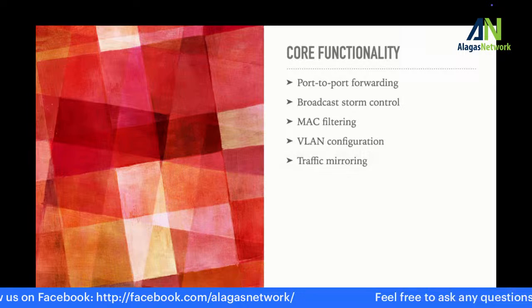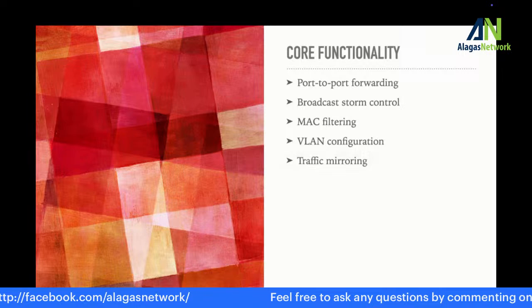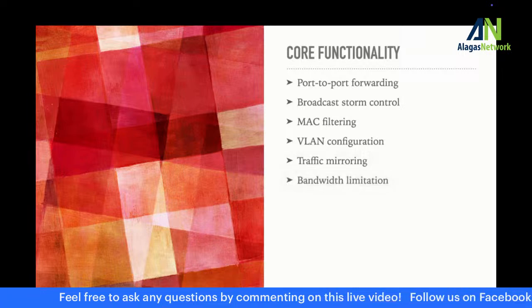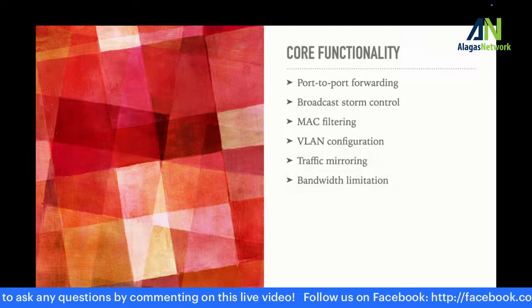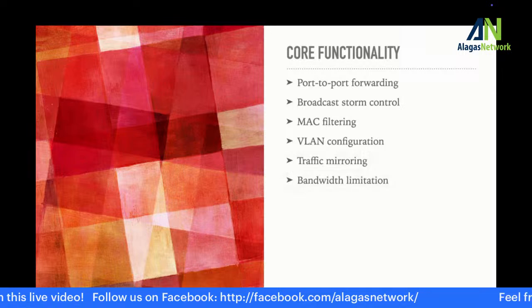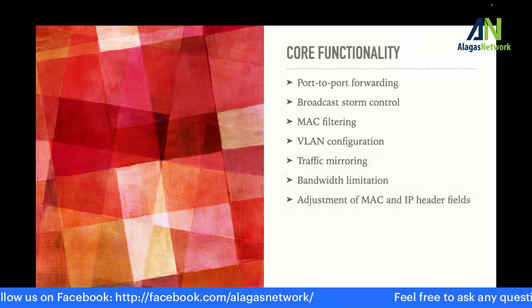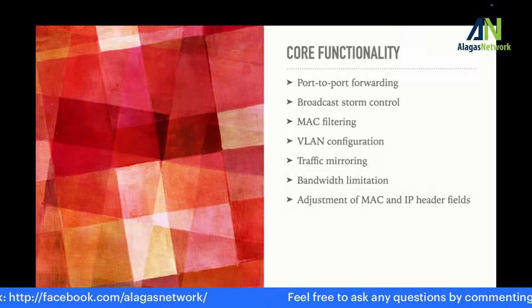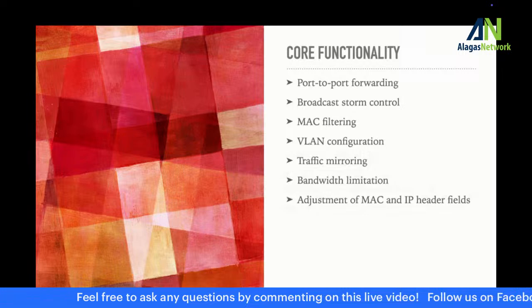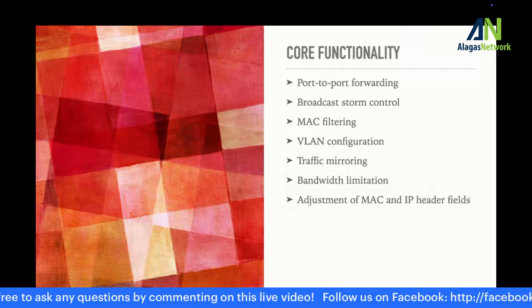This is usually used for monitoring purposes. And bandwidth limitation, which is the QoS for certain ports. It also can do some basic adjustment of the MAC address header fields and the IP header fields.